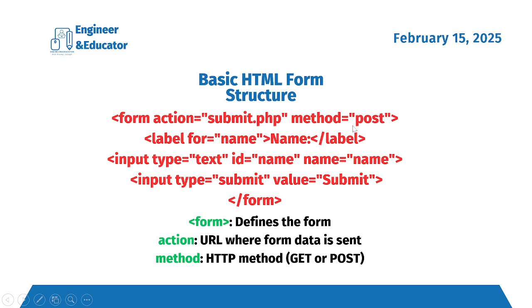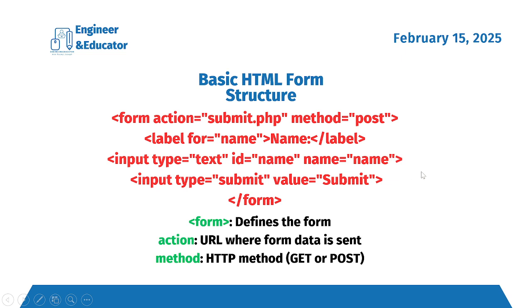So the method can be a get request or a post request. Use get for simple queries, for example, simple search results. You have seen search bars in some websites, and the method attribute used there will be the get method. And post is for securing the data, or to add the data; for secure data, we use post.